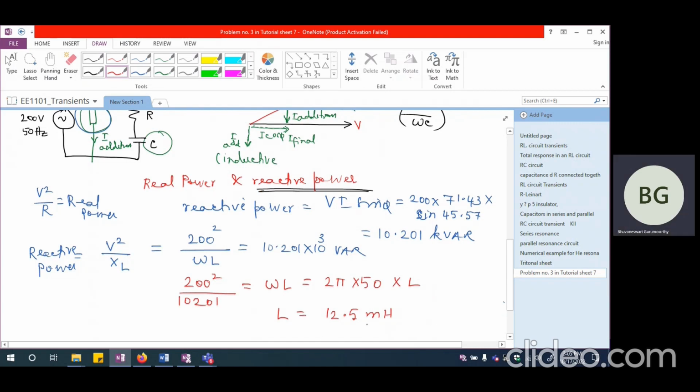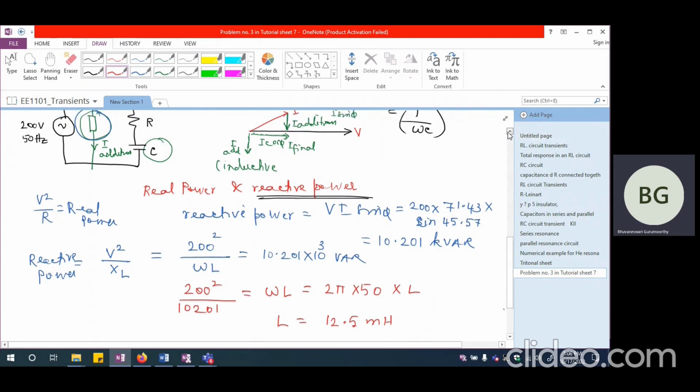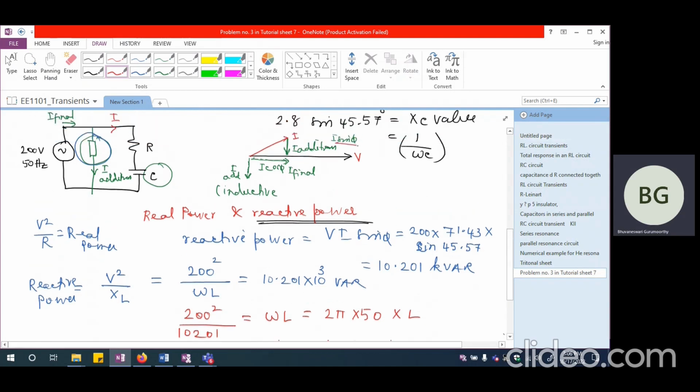So this is one way of doing it. Otherwise, one more way of doing it is you can try to calculate what is I sin phi, and we can say I sin phi should be the current which will be drawn by this inductance.